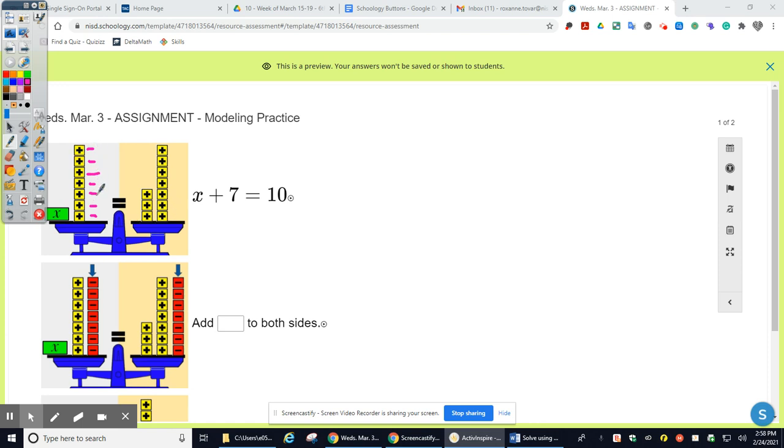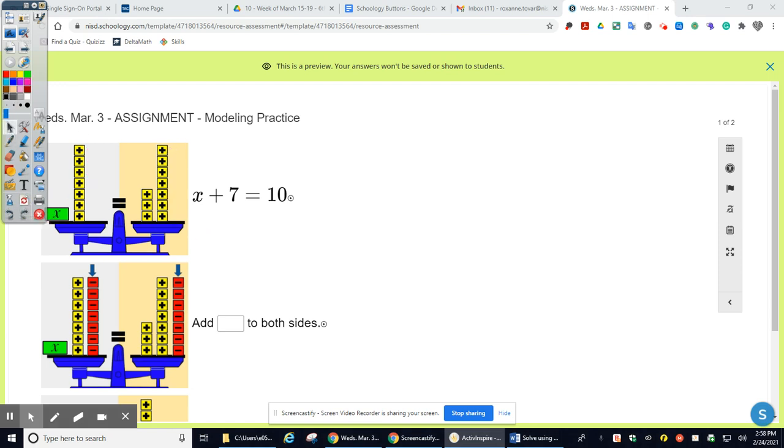So since what I added was 7 negatives to this side, I now have to add 7 negatives to this side. So we'd go 1, 2, 3, 4, 5, 6, 7. So agreed. What I did to one side, I did to the other side, right? Okay, so that's what's modeled below.